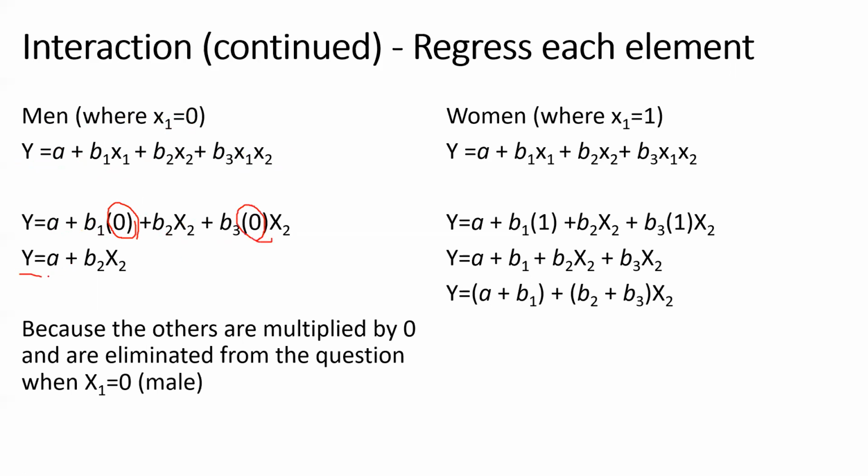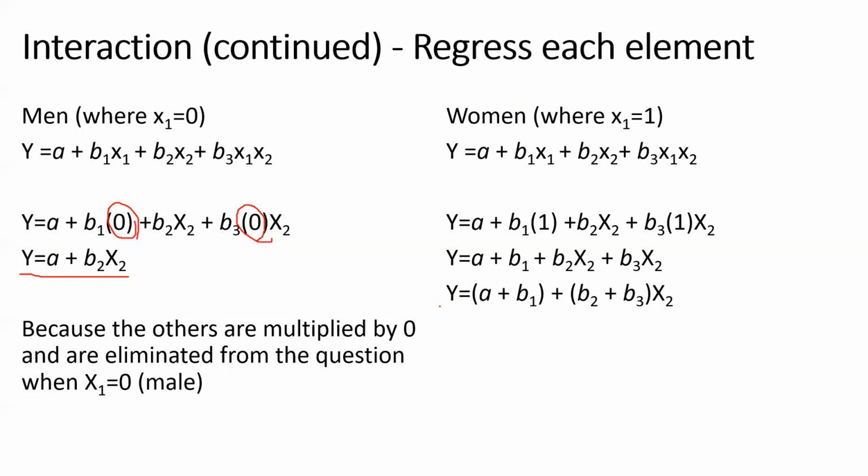And this simplifies our equation for men, so that liberalism is really just the effect of education. We're taking gender out of it, right? So they're eliminated from the equation.